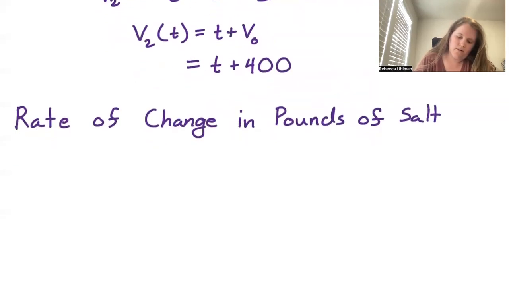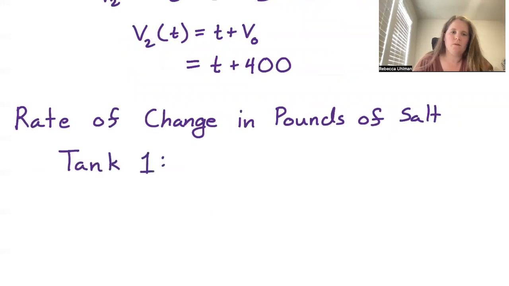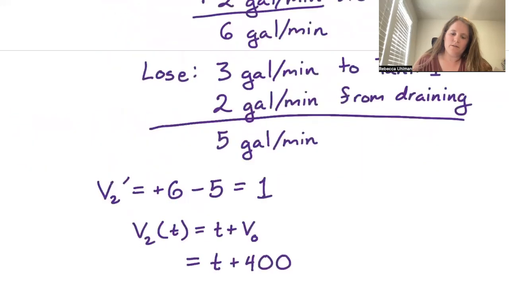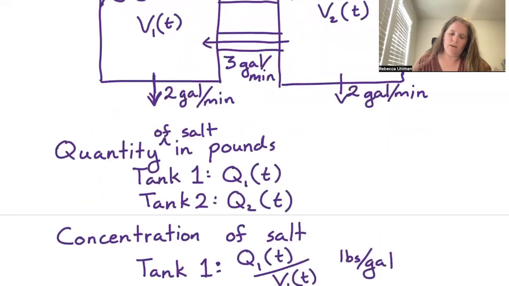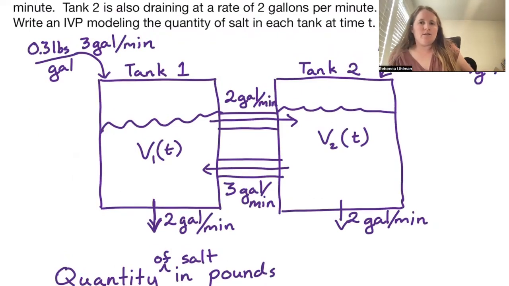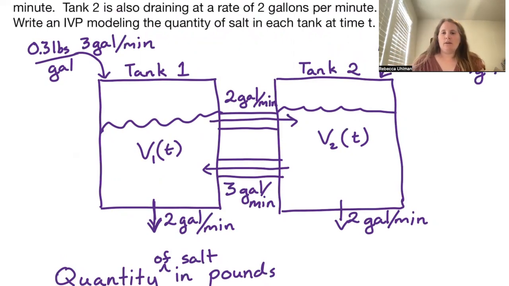So for tank 1, for our rate in, we have 2 things coming in. We have 0.3 pounds per gallon at 3 gallons per minute. And we have an additional, whatever the concentration is in tank 2 at 3 gallons per minute.